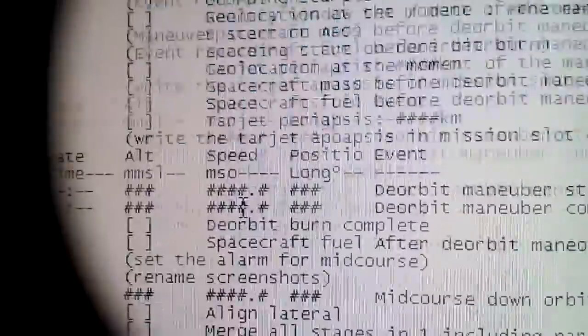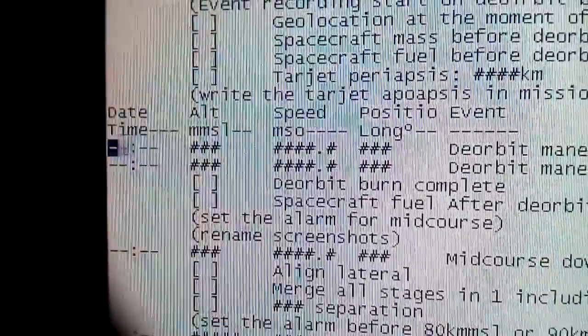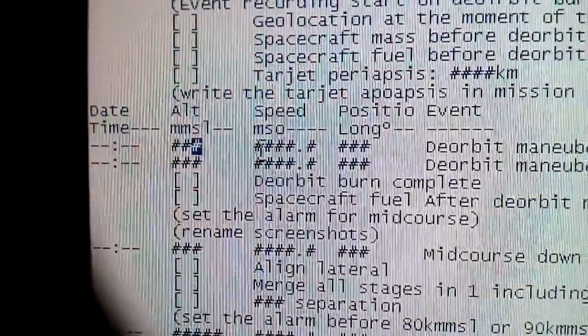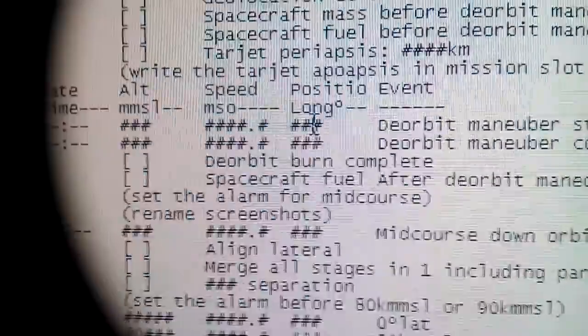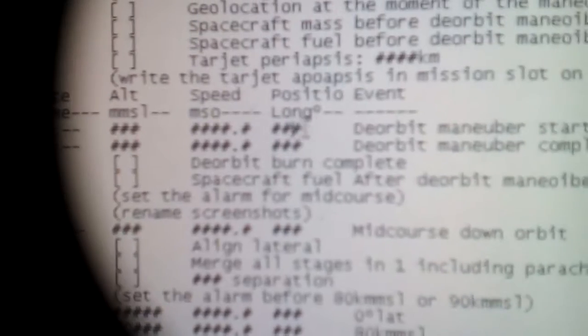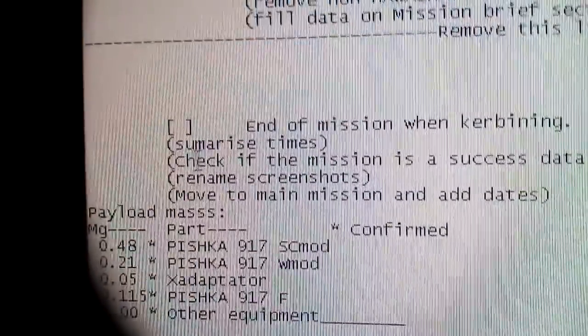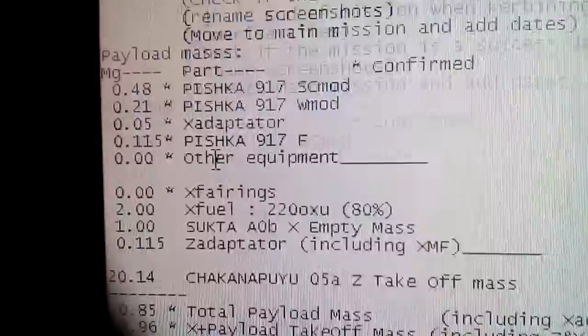As an example, here I need to write the apoapsis at this moment of the mission, the date and time, the altitude of the spacecraft at the moment, the speed, the longitude, and etc. Things in parentheses will be deleted; they will stay in the mission only for internal purposes.